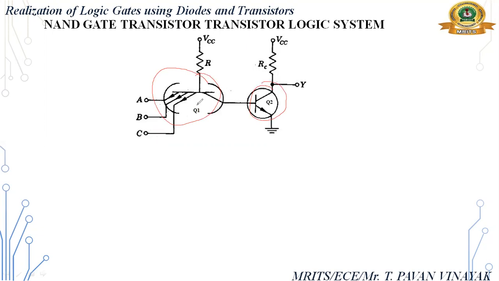The first transistor is a special type of transistor which has multiple emitters and a single base and collector.